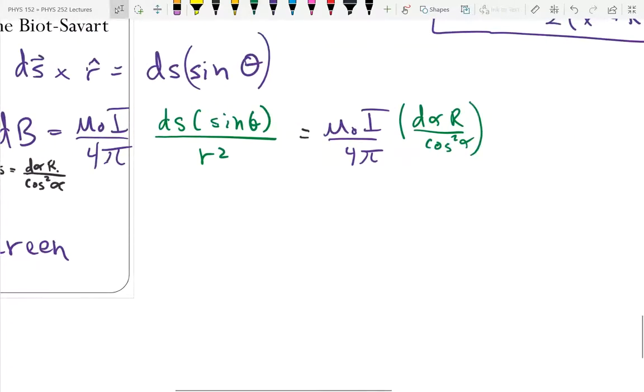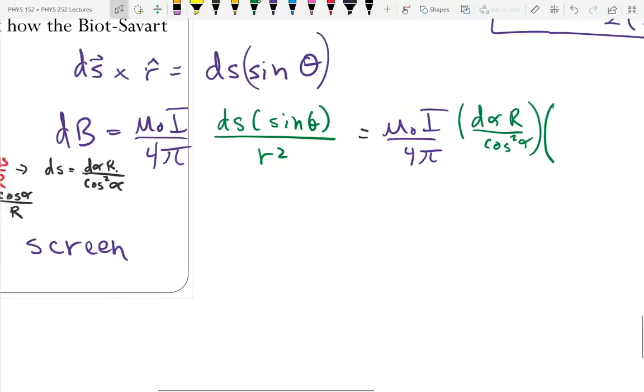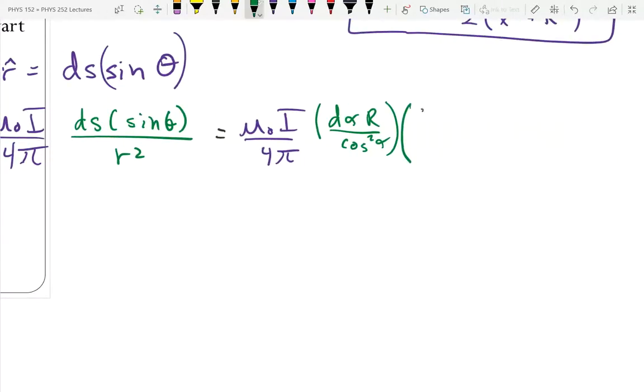And then for 1 over r squared, it's going to be cosine squared alpha, because I had to square everything, over r squared. And then I'm going to be left with my sine theta that I still had, that I didn't substitute.